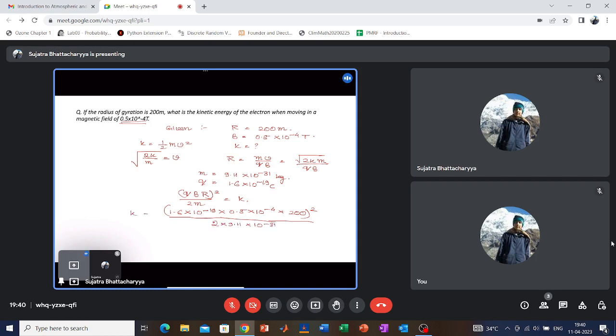This becomes my kinetic energy. So let's see how much kinetic energy it has. Just checking the powers: 10 to the power minus 19 minus 4 is 10 to the power minus 23, square is 10 to the power minus 46, plus 31. And this is 1.6, 0.5 and 200. Let's do that.